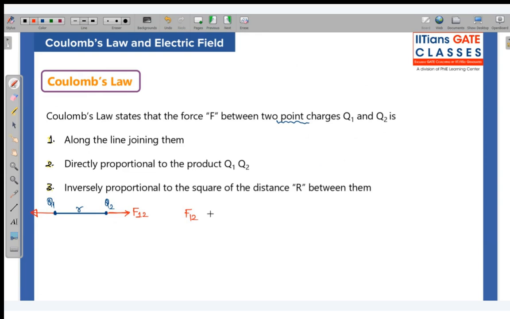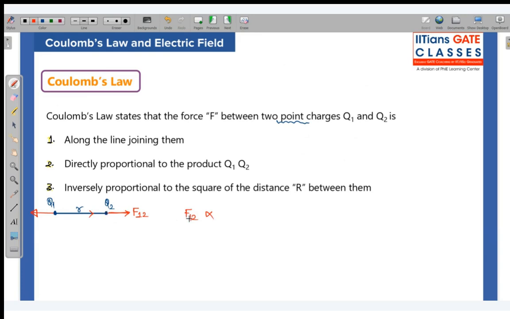Okay. Now, according to the statement, along the line joining, the direction of the force should be there. So we are saying that the direction of the force is this. Because of Q1 you are calculating, I am joining the line from Q1 to Q2 because I want to calculate the force on 2.